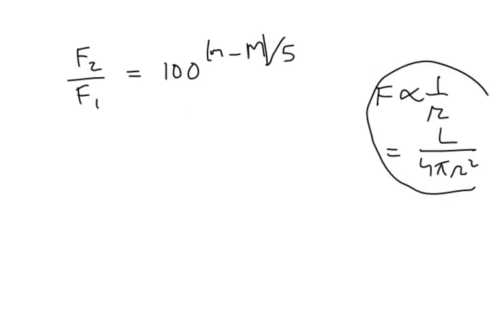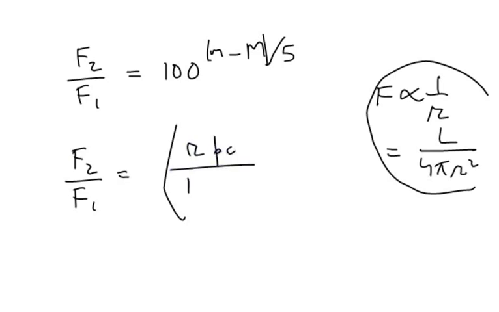Then we will have F2 by F1 is equal to r parsec divided by 10 parsec whole square.